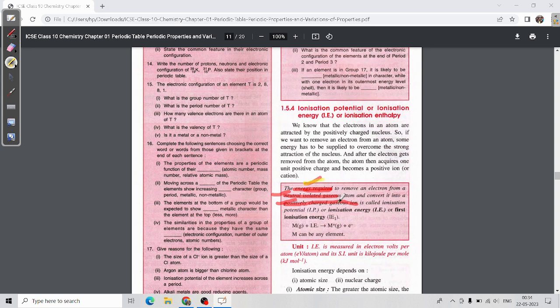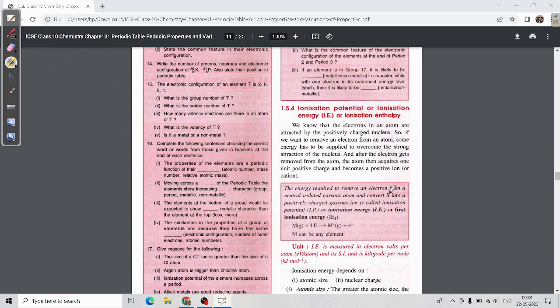Energy is required to remove an electron from a neutral isolated gaseous atom, meaning it is a gas. It is not having a charge, it is neutral and it is a gas. If we give it ionization energy, then we will get a gaseous ion, positively charged, meaning a cation, and we will get an electron. The energy required to remove an electron from a neutral isolated gaseous atom to convert it to a cation is called ionization energy.